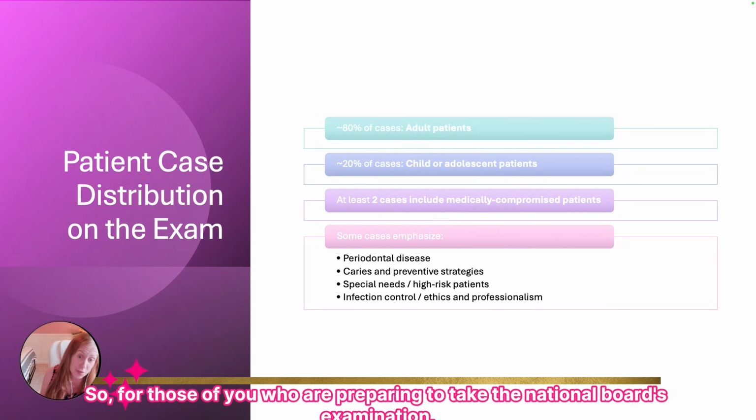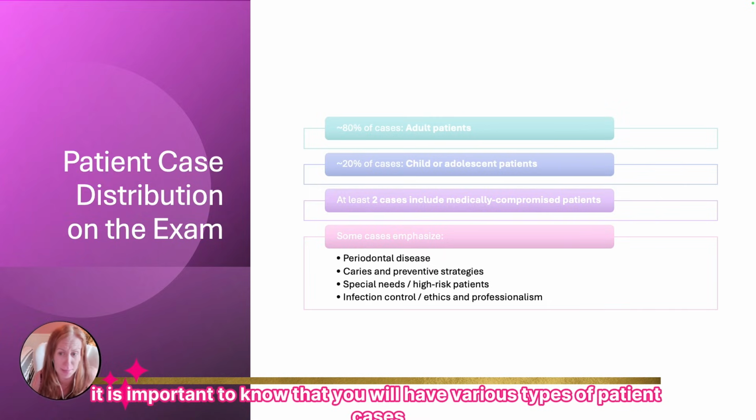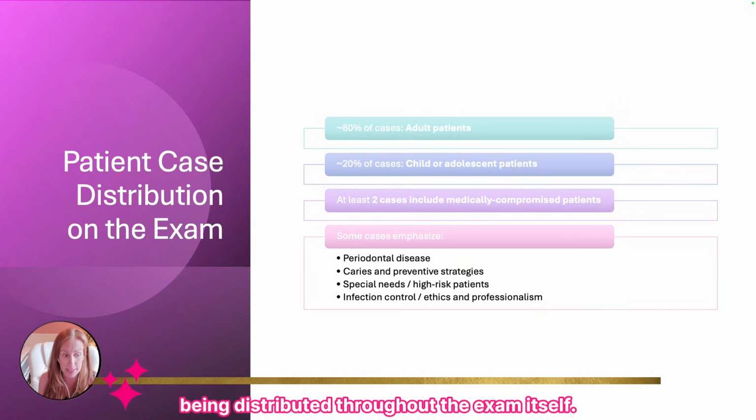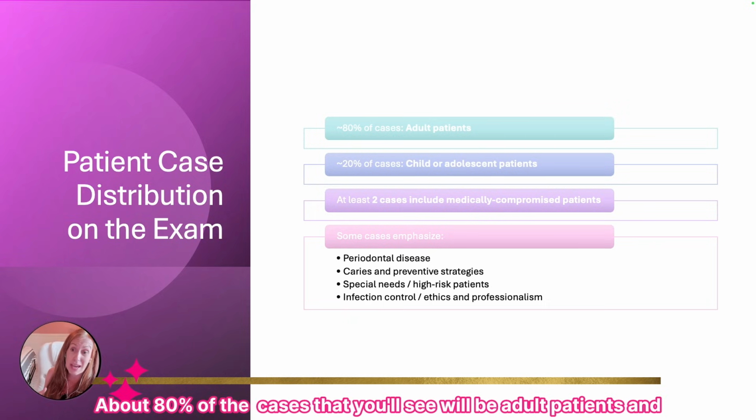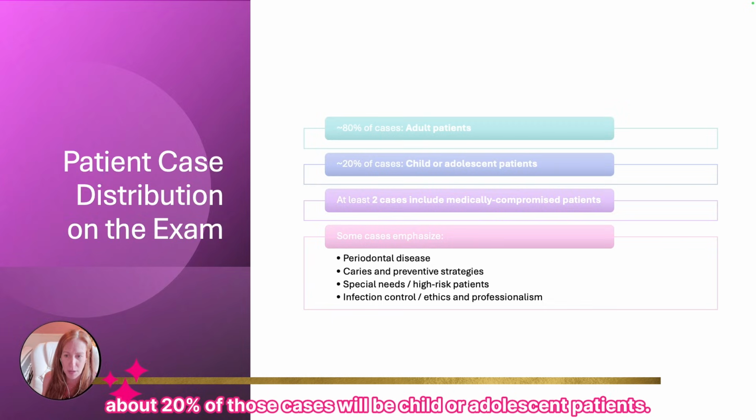So for those of you who are preparing to take the national boards examination, it is important to know that you will have various types of patient cases being distributed throughout the exam itself. About 80% of the cases that you'll see will be adult patients, and about 20% of those cases will be child or adolescent patients.